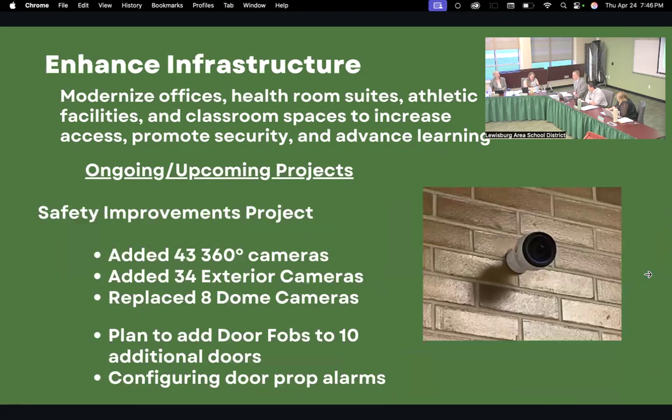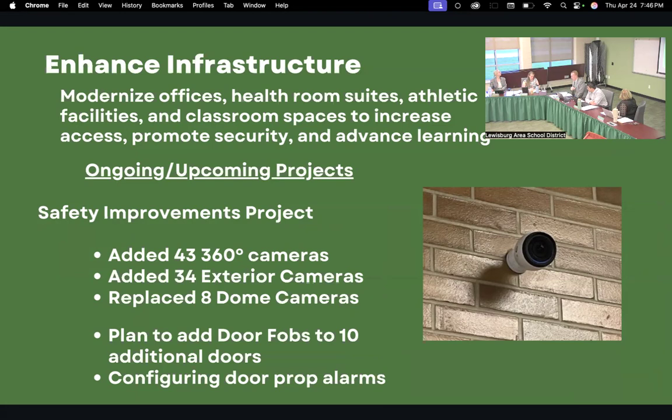Also, through our PCCD grant, we were able to purchase a lot of cameras: 43 360 cameras, as well as 34 exterior or interior cameras that look like the picture there, as well as 8 dome cameras, all from that grant. We're also taking care of about 10 additional doors, adding fobs to those that did not currently have them in 3 of our buildings.